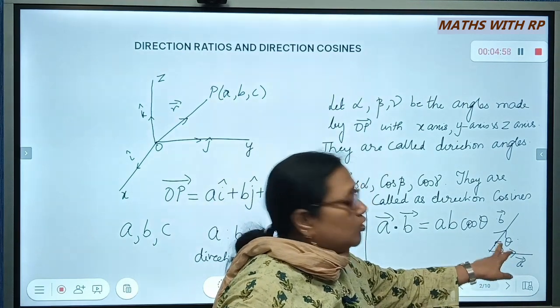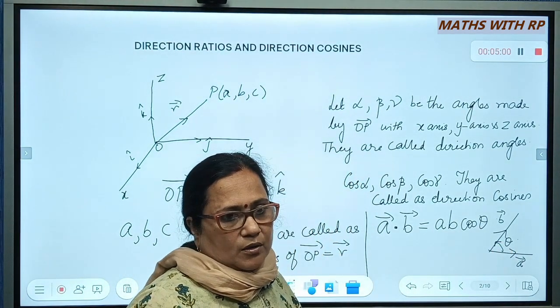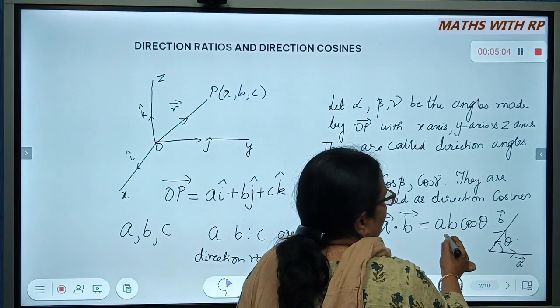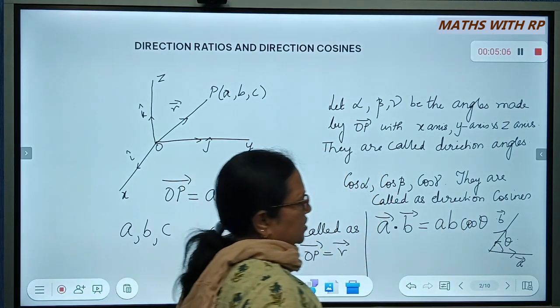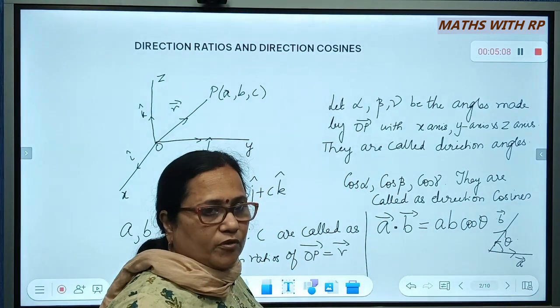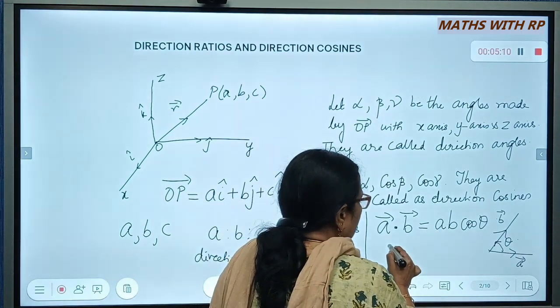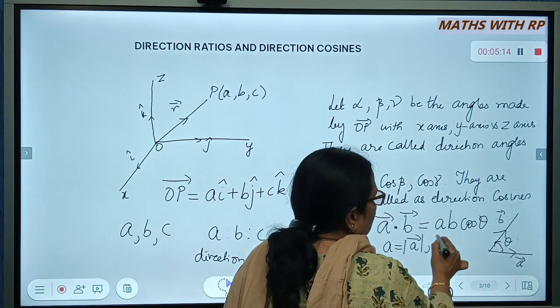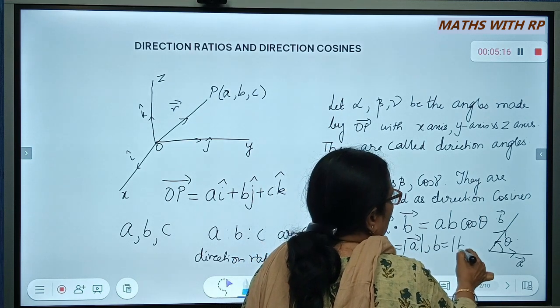I am also showing you the direction of theta. Then A dot B is defined as AB cos theta. Are you able to follow? What are A and B? A is the magnitude of A vector, B is the magnitude of B vector.